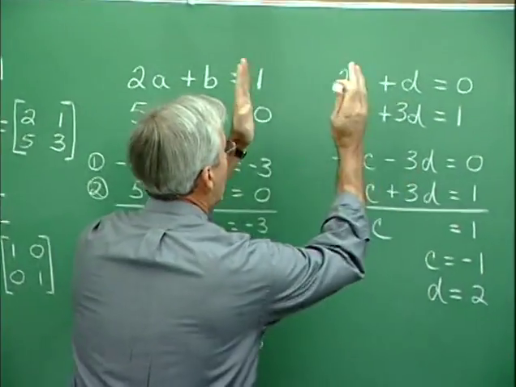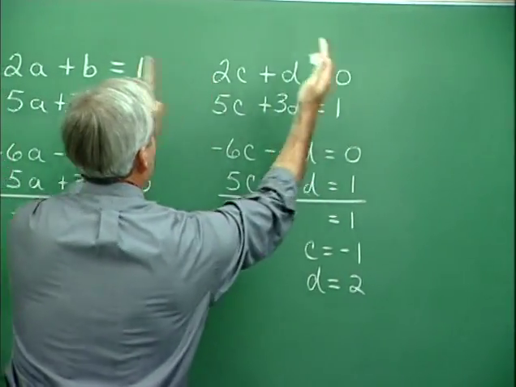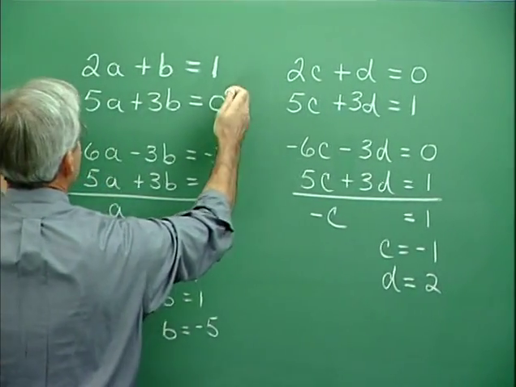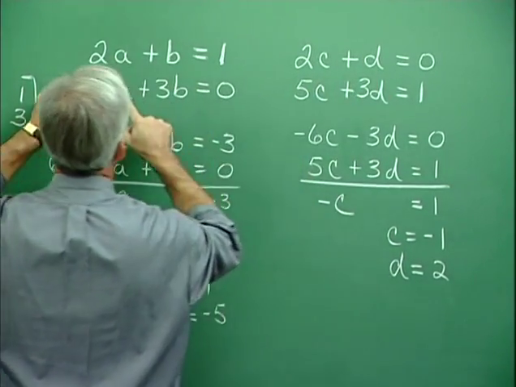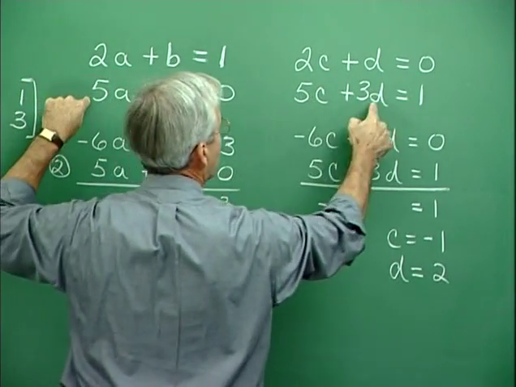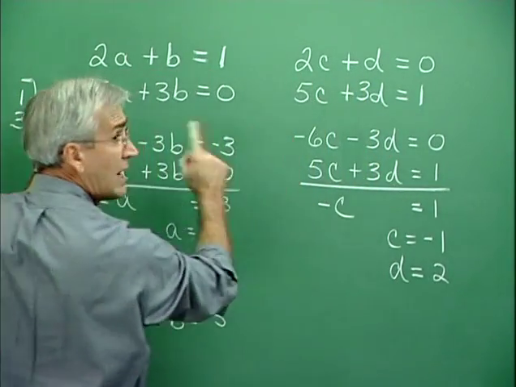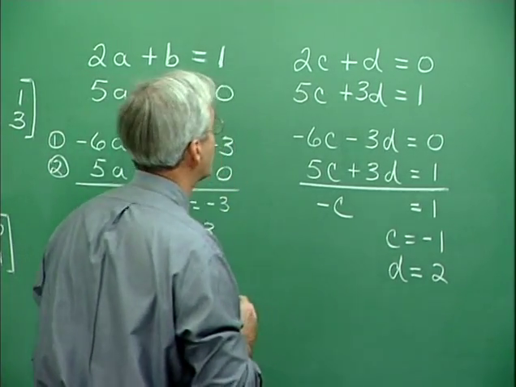Now, in looking at this, though, I want to make sure we see a comparison of these two. And that's kind of important. We see that 2A plus B is here, 2C plus D is here; 5A plus 3B, 5C plus 3D. Notice the coefficients are the same in both of these. All right, that's going to be a little bit important in just a few minutes.